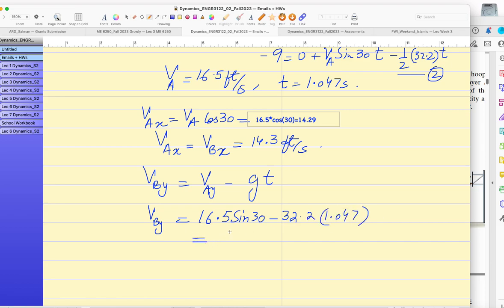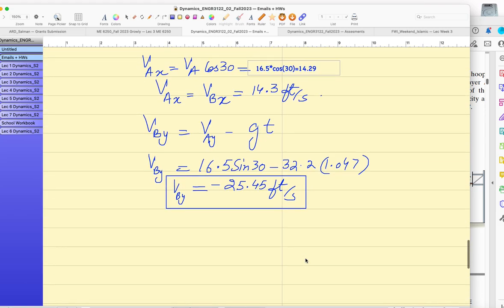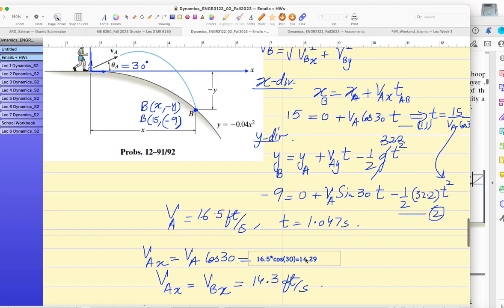If you solve for this, you should get negative 25.45. And it is obvious that it is the landing velocity component in the y direction, which is in the downward direction. That's why we have a negative sign over here, because the landing velocity is in the downward direction, and this is the VBX. So intuitively, this is also making sense.